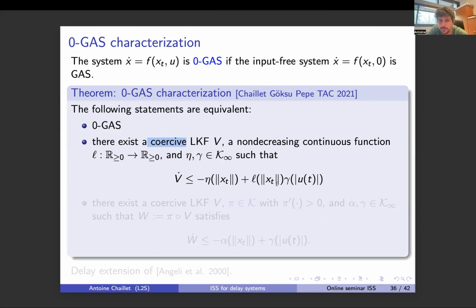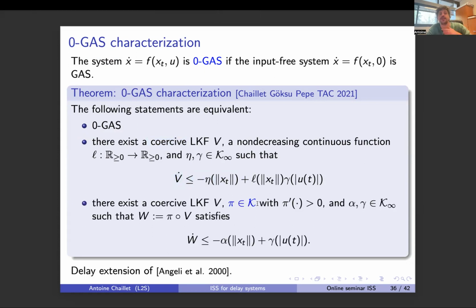So this is not very good in practice because this L of xt can be very big, and so there is no reason why this should ever be negative. But anyway, if I rescale this Lyapunov function by a function pi of class K, I can reshape it into some function W, which has a dissipation that looks really like integral ISS.